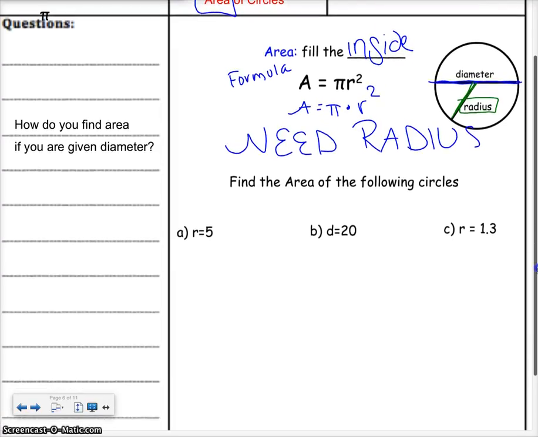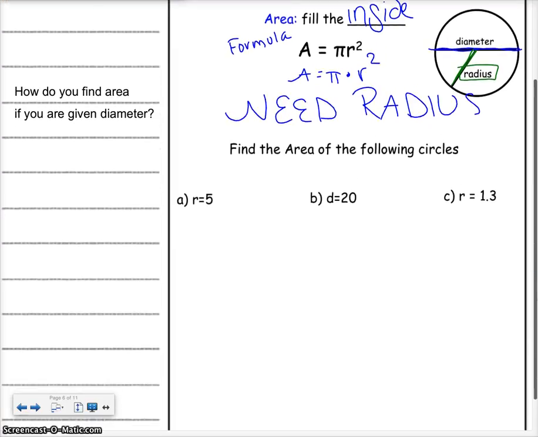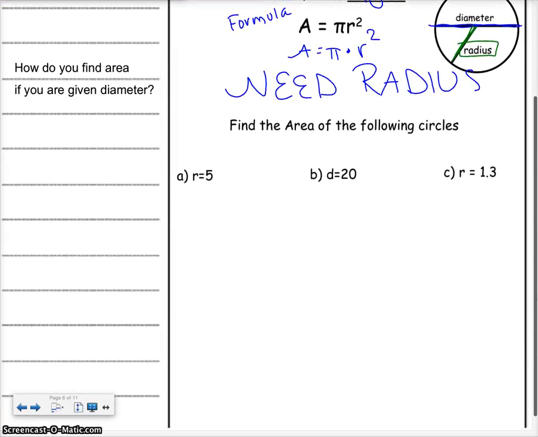Find the area of the following circles if it had a radius of 5. So I'm just going to write my formula down again, pi r squared. Area is pi r squared. So if my radius is 5, then my area is equal to 5 squared times pi. Oh, I forgot. We want to find exact area, and we're going to want to round our area.